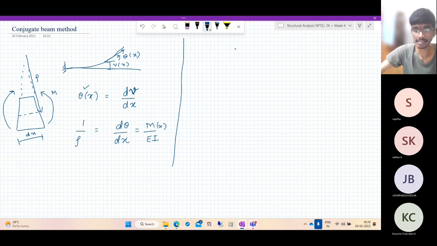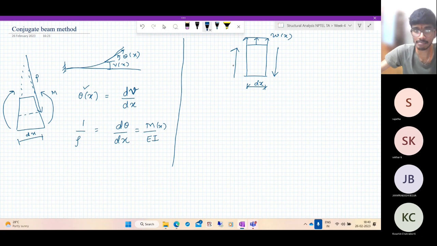We can also talk about the statics of an infinitesimal element. So if we consider an infinitesimal element of the beam of length dx, what are the forces? One, you have the applied force. Let us take upward applied force as positive, w of x, and you have the shear force.